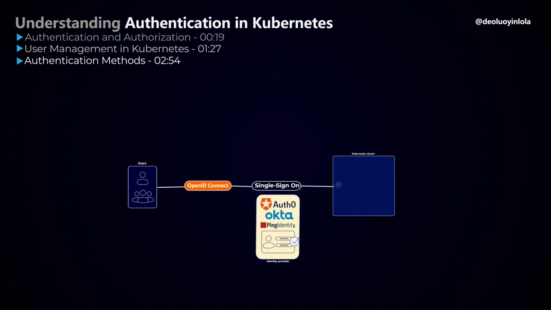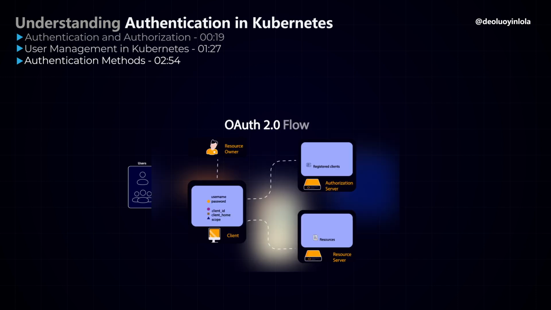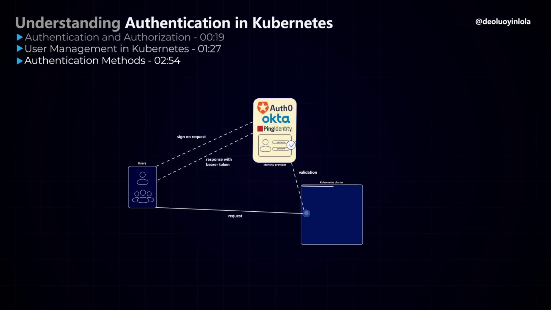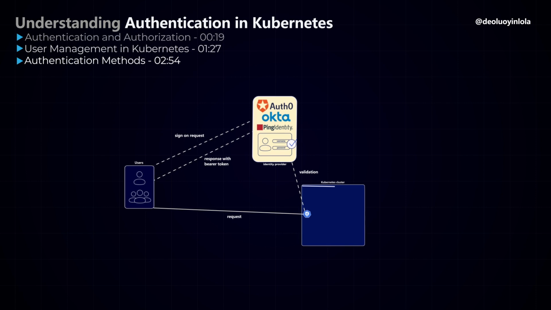OIDC uses JWT, which you can obtain using flows that conform to the OAuth 2.0 specification.